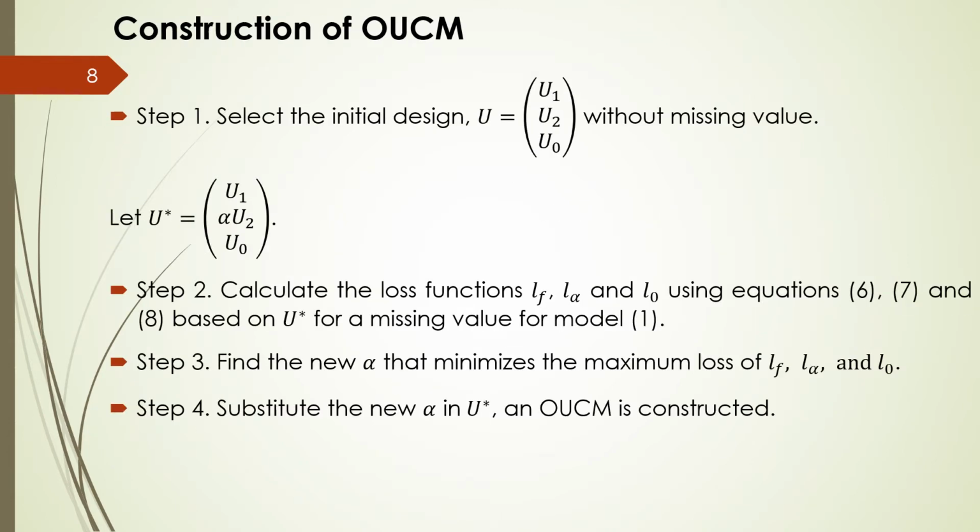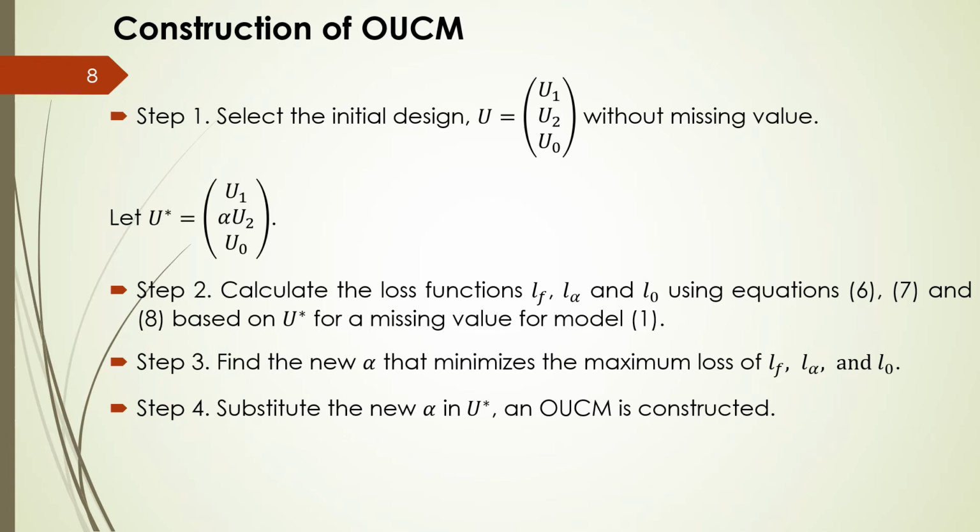Next, we'll be looking at how to construct our robust design, that is the robust orthogonal uniform composite minimax loss design. The first step includes selecting an initial design U, which is defined by this, where U1 represents the factorial portion, U2 represents the axial portion, and U0 represents the center points. This design is without the missing value. And then let U star be given by this.